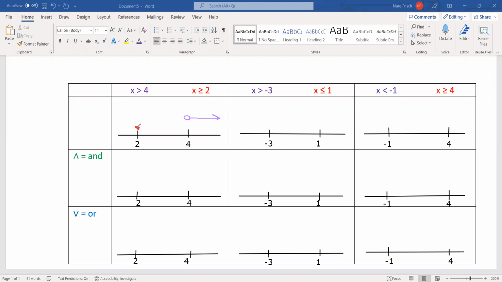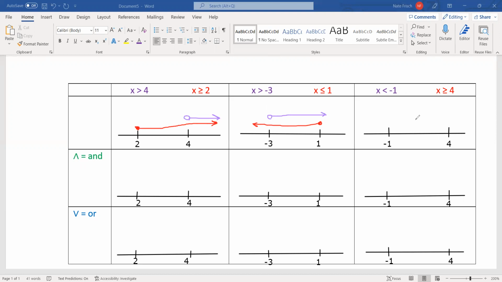And then this one also is going to the right. Now I'm just going to go through and graph all of these individual ones. This one says x is less than or equal to 1, so that's going to be a solid point going to the left. And the other one, which I'll show in purple, is x is greater than -3, so open circle pointing to the right.